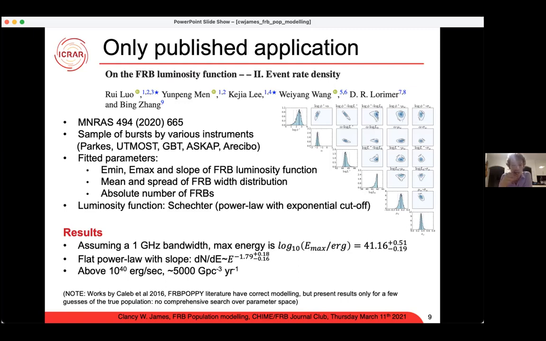So they did what I consider to be the currently published application of FRB population modeling. And I think the field's at a stage now where there are a lot of papers out there where they kind of say, oh, we use a 1-to-1 DM redshift relation and we assume this and that.